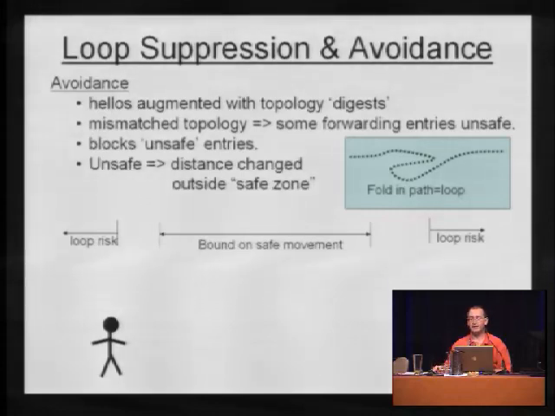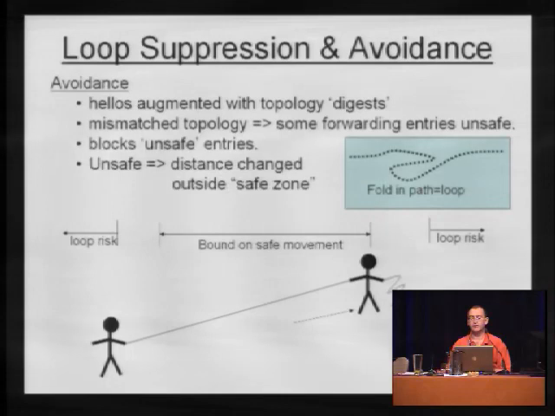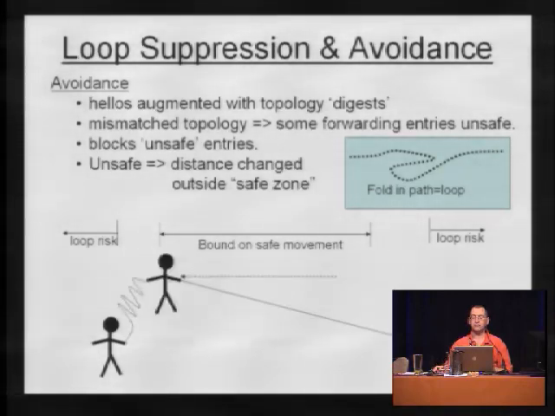So mathematically, if I bound the amount of motion with respect to that entry, if I don't allow a root to move more than a certain distance, I can avoid it folding beyond its neighbor.